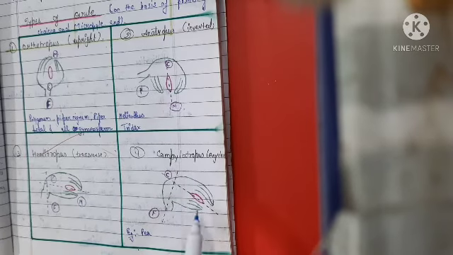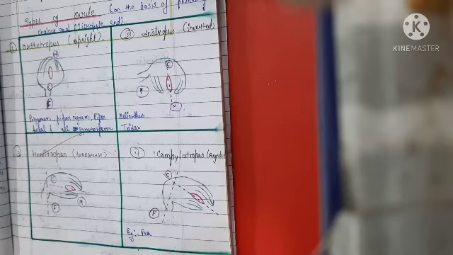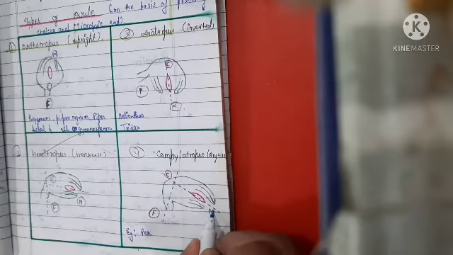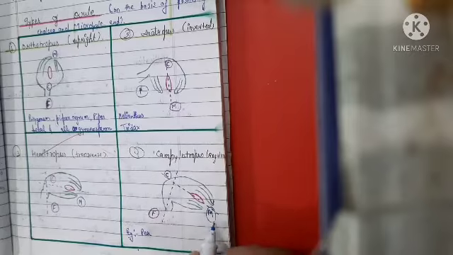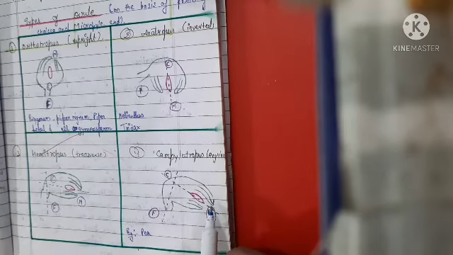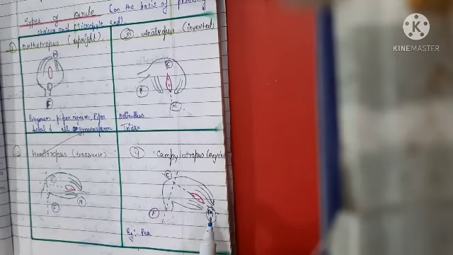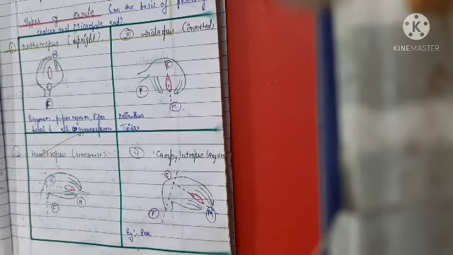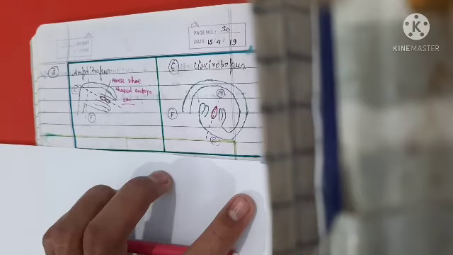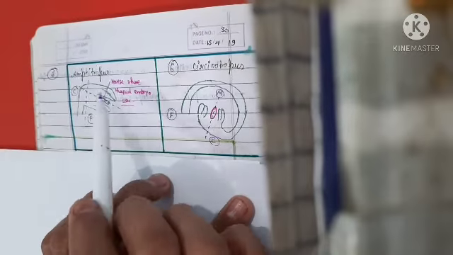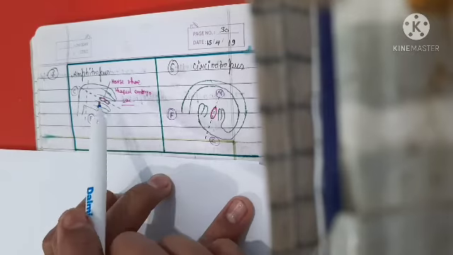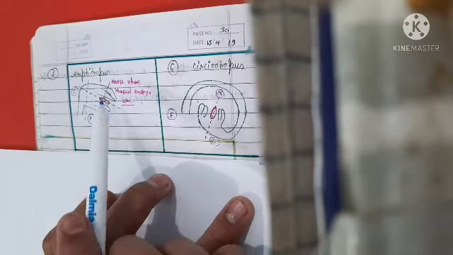The fourth one is campylotropous. Here friends, M denotes the micropyle. So the micropylar end is present making some angle, then it is called campylotropous. Next is amphitropous. Amphitropous means a horseshoe shaped embryo sac is present.